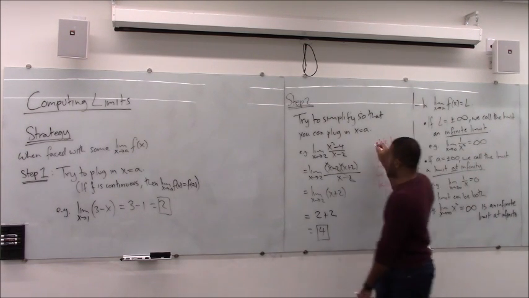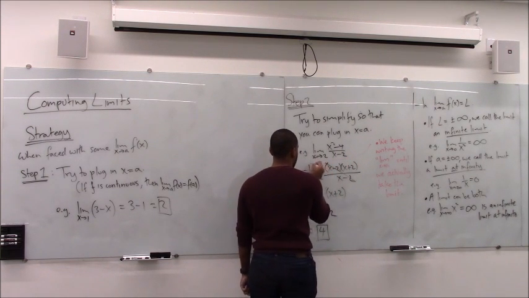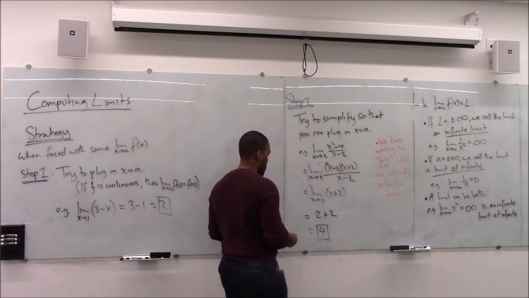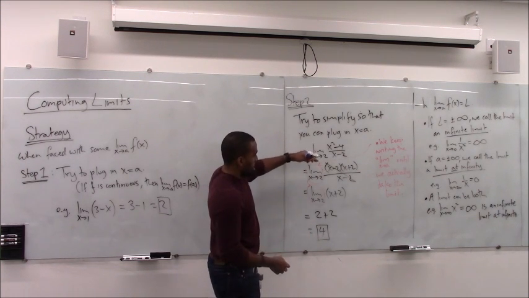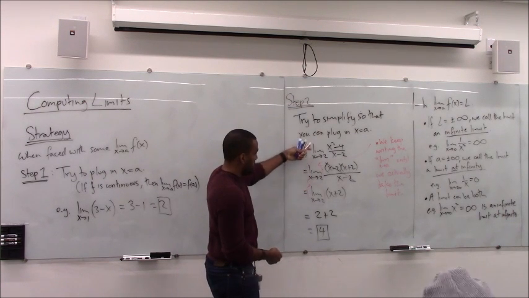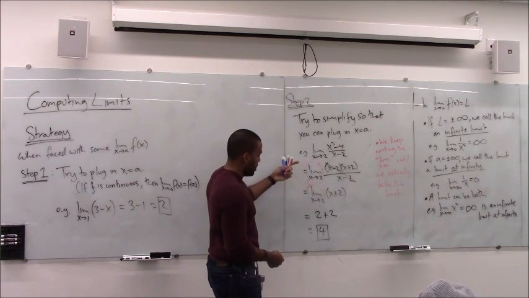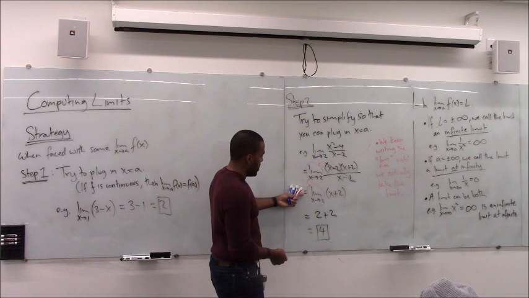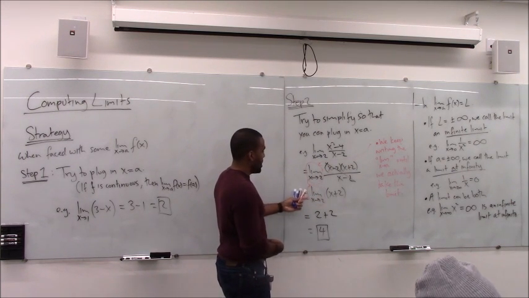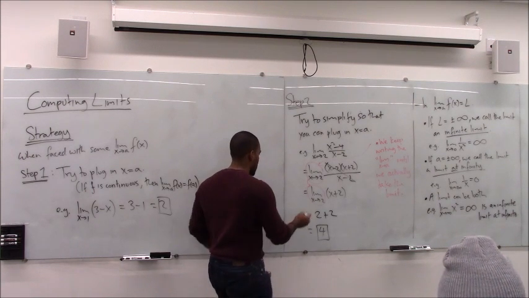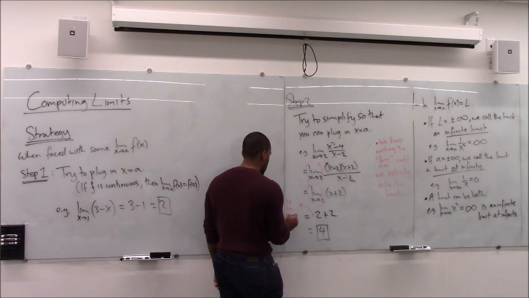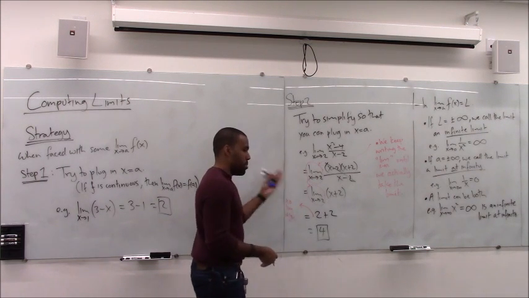Notice that I was writing the limit sign here and here. While I'm simplifying, while I'm breaking it down, I keep writing the limit, because I didn't actually take the limit yet. Once I get to a point where I can take the limit, I can either plug in the number or realize that it does not exist. At that point, I drop the limit sign, because now I'm at the plugging in stage.